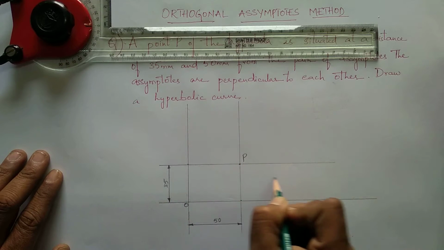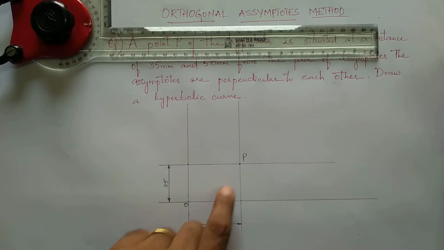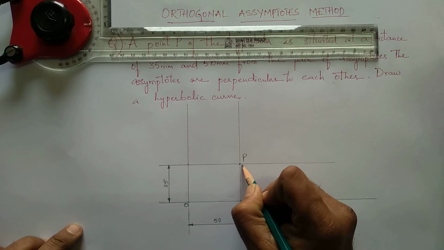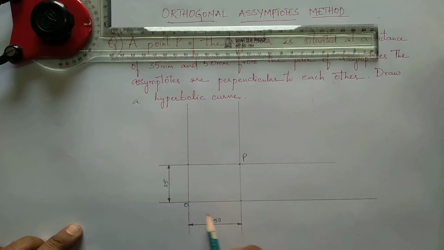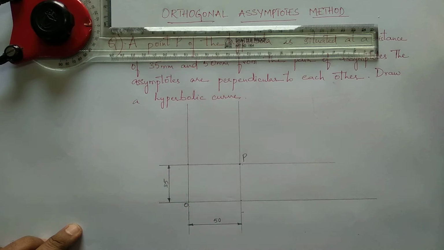The hyperbolic curve is to pass through this point. How do we construct that curve? Now we will see. We have got the location of the point P, which is at a distance of 50 mm from this asymptote and 35 mm from this asymptote.